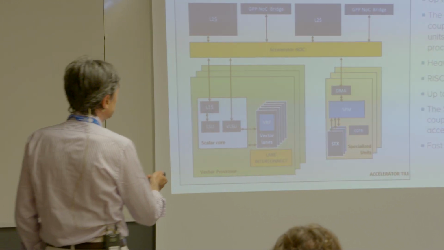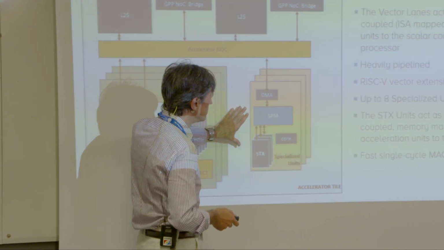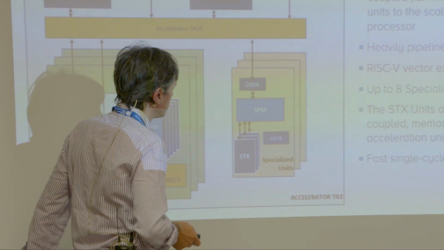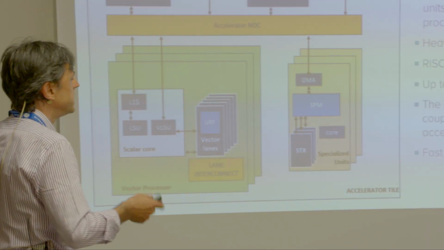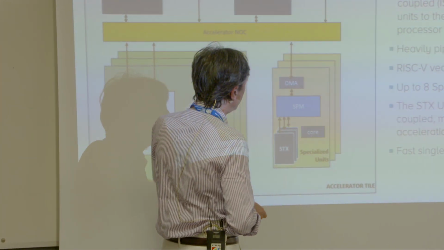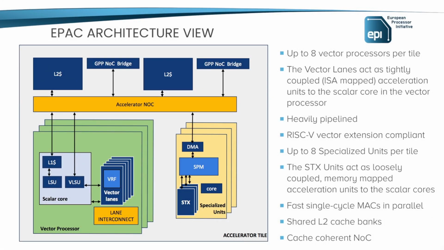On the other side, here you see the specialized unit. Specialized units, as I told you, mainly target training algorithms for deep neural networks. And they are based on scratchpad memories, a local scratchpad memory, of course, interfaced again with the memory subsystem through the NOC. This is another RISC-V core.